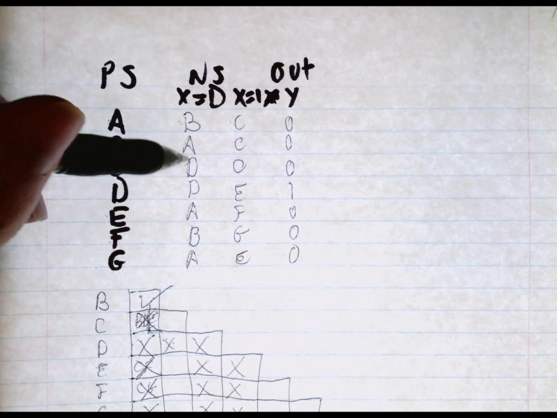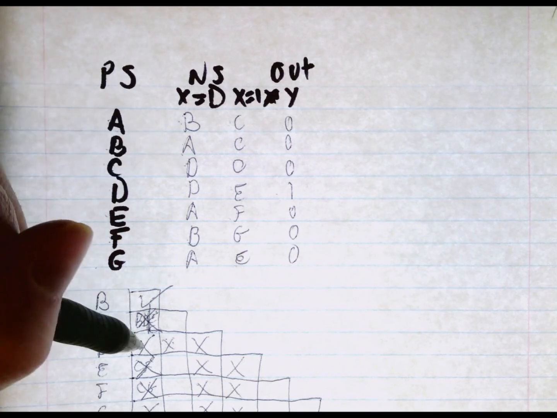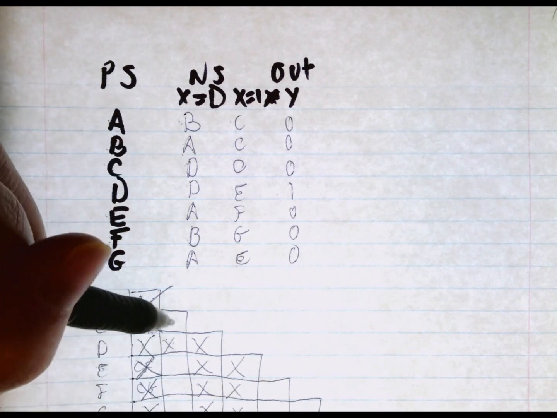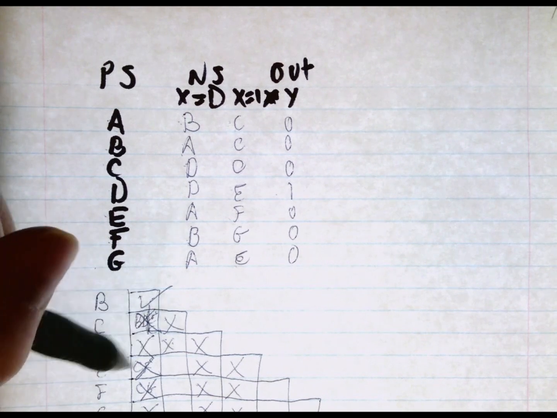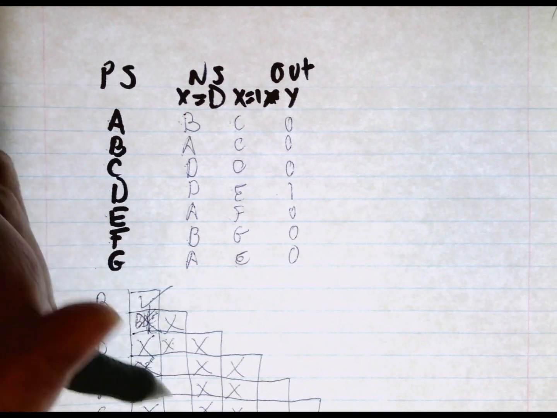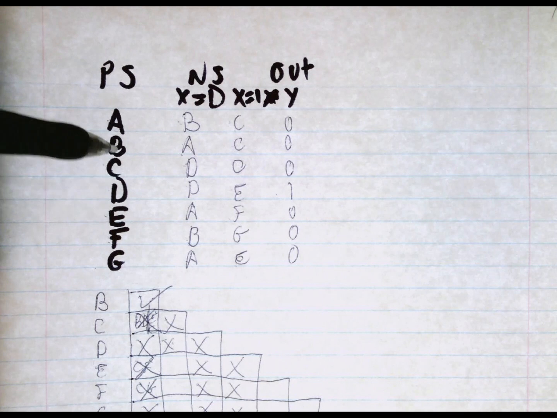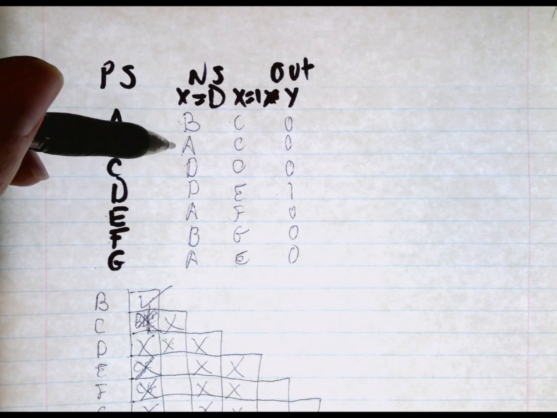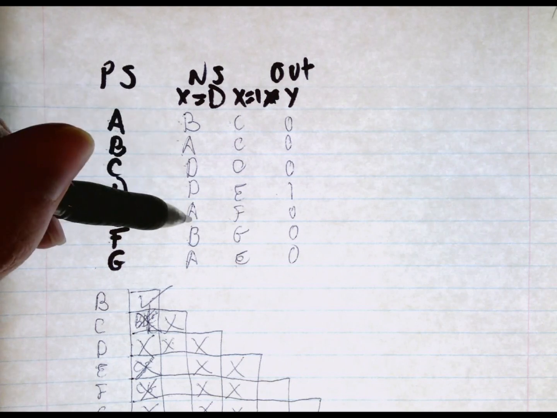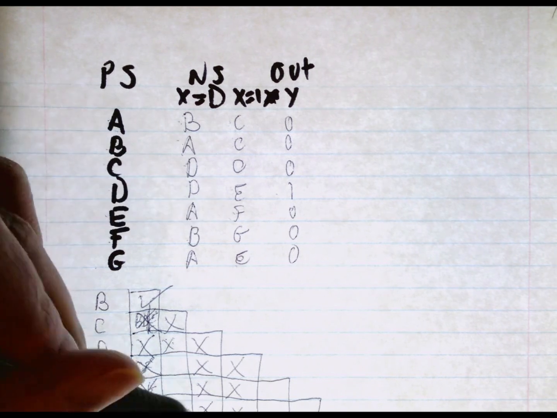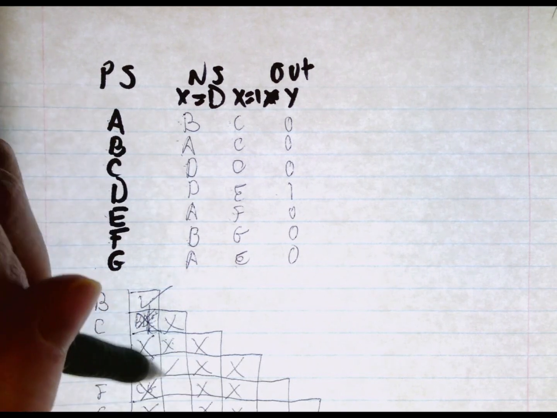BC is AD. AD is not equivalent, so BC is not equivalent. Let's look up EB, or BE if you like. So BE is going to be AA, that's good. And then CF, and we know CF is right out, so we can remove that.